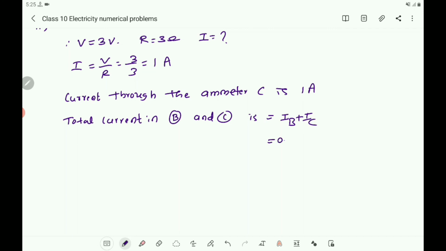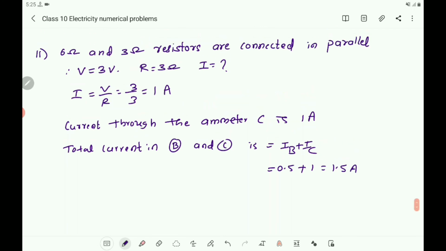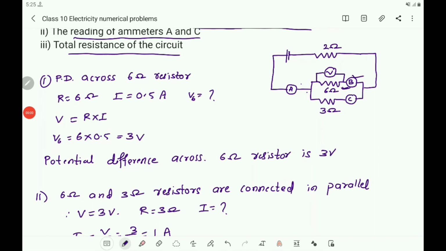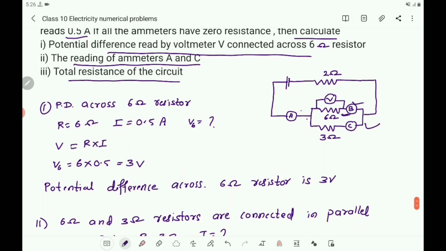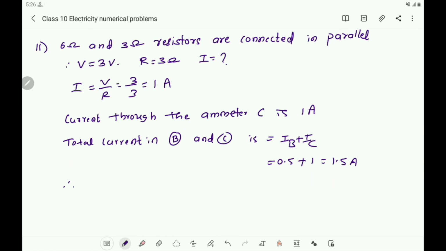IB is given 0.5, IC you got 1, so it is 1.5 amps. And here you can note that same current flows through A and this system, as the combination of B and C and ammeter A are in series connection. So same current flows through this A and through this system.